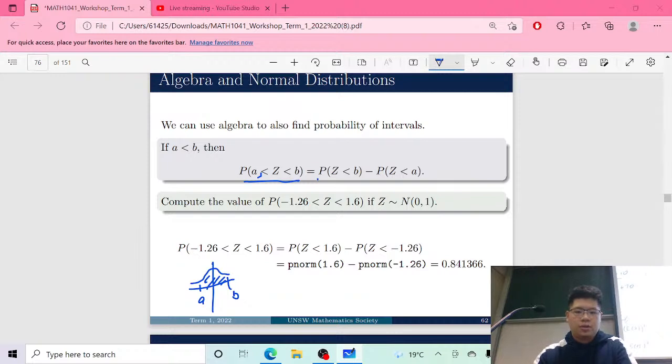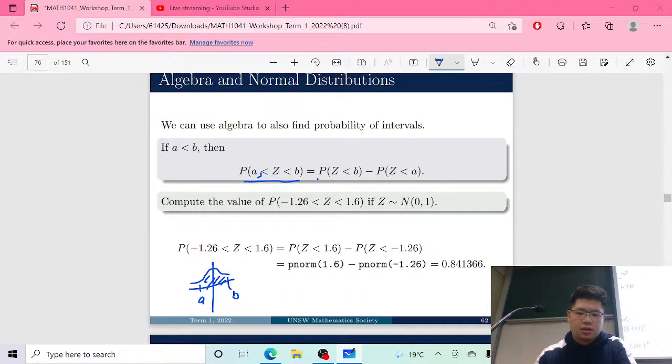Let's say you have this nice little normal distribution right here. If you want to find P(a less than Z less than b), you need to find the area in the middle. You can find this area by getting the first area, which is Z being less than b, and the second area, which is Z less than a.